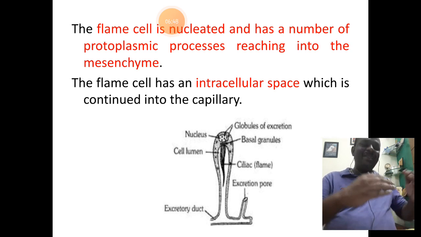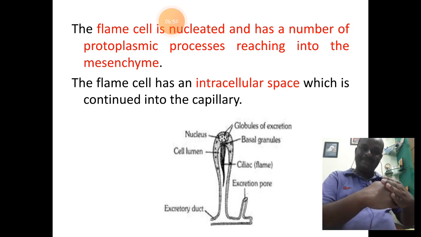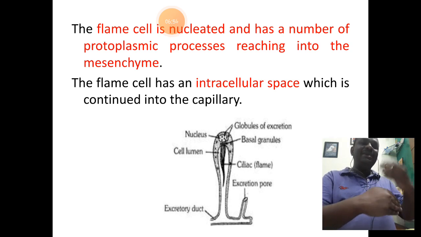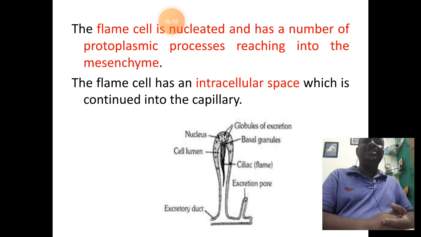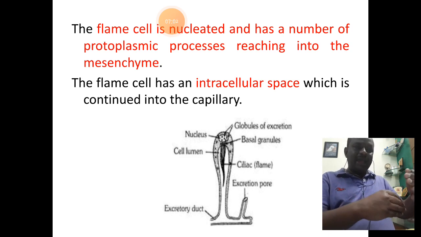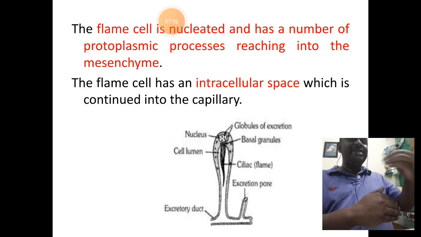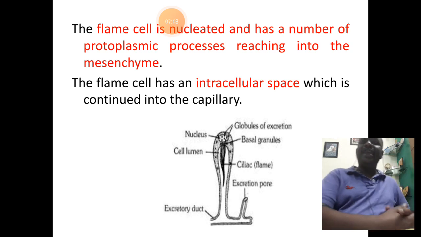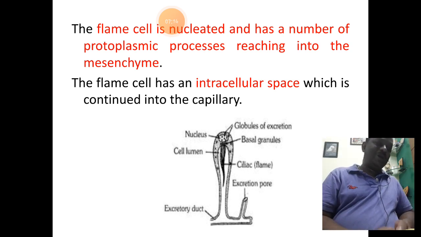So the flame cell will have a close attachment with the mesenchyme cells. Now by capillary action, you find the mesenchyme cells throw out their excretory waste into the cell of the flame cell or solenocyte. It is done by means of the protoplasmic processes.